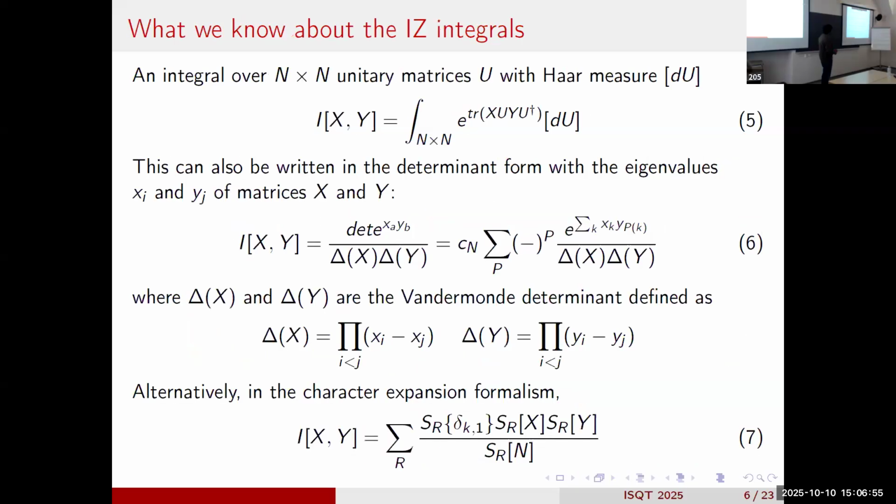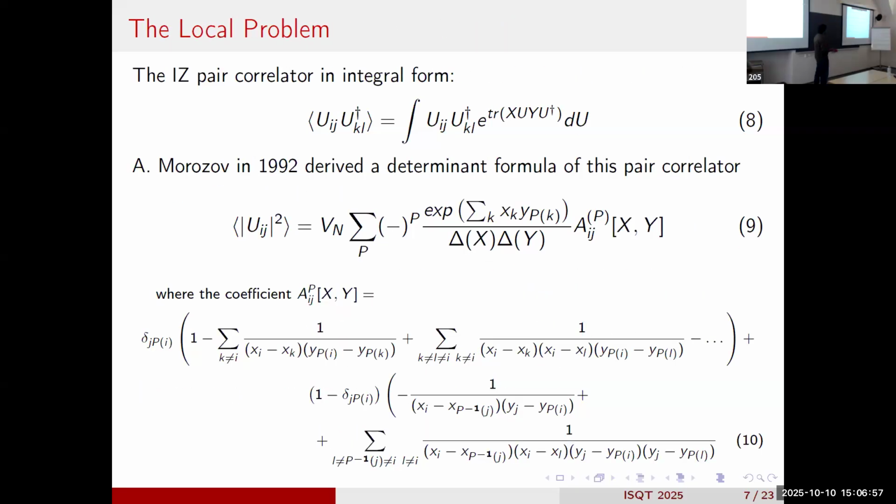What do we know about the correlation function? This is the standard definition of the correlator in integral form. You just write this matrix element over here. This has been studied back in 1992. Morozov developed a kind of determinant formula, which is this big formula over here, where A is a coefficient like that. You can try to calculate for a big matrix using this formula.